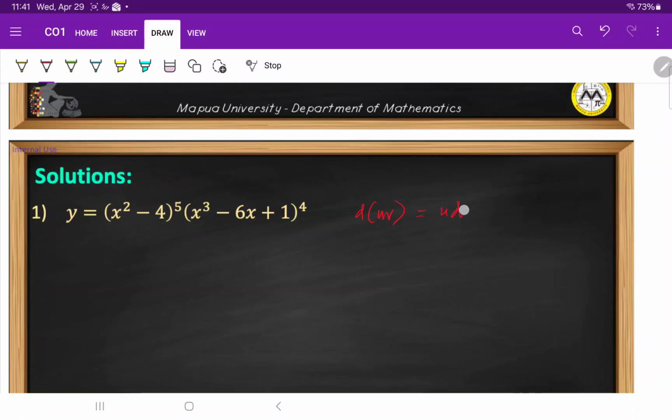We use u dv plus v du, considering that this is u and this is v. And then we use the chain rule, which is the derivative of u to the n, which is n u to the n minus 1 du dx.